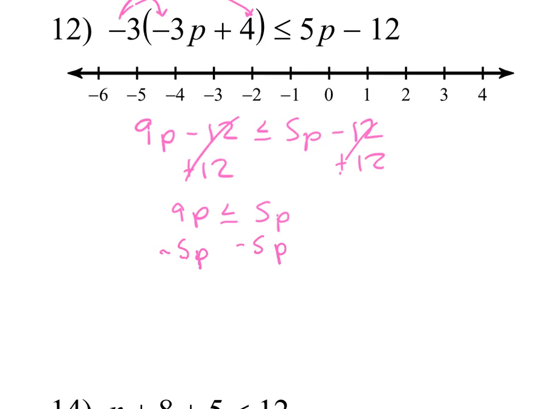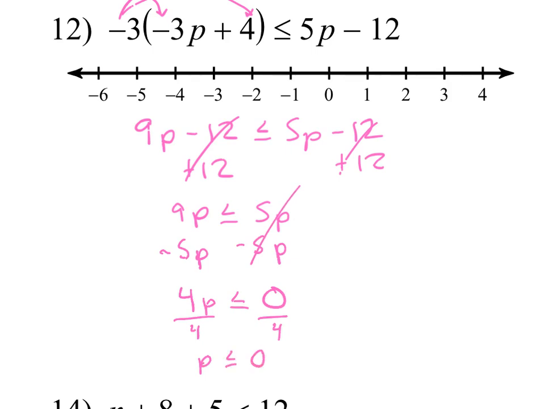So 9p minus 5p would be 4p is less than or equal to what? What happens when we cancel out our 5p's? What are we left with? 0. Now what do we do? Divide by 4. What is 0 divided by 4? 0. Perfect. So p is less than or equal to 0.